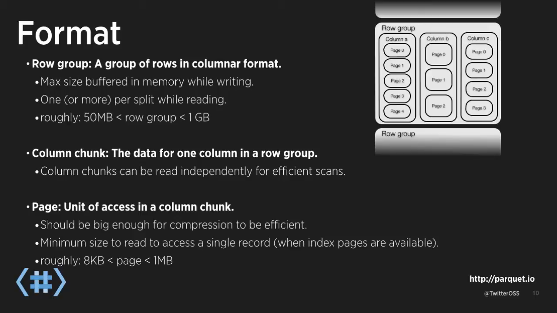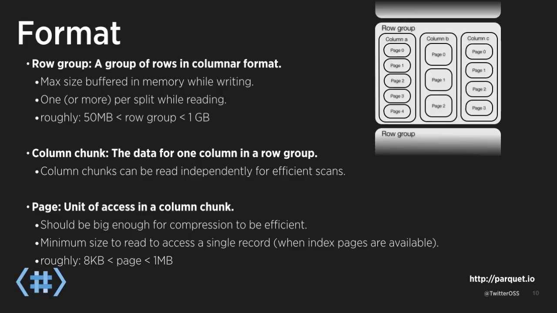And we need to turn it into columns, which means before we can write one column in the file and then the second column, we need the first column to be fully encoded in memory, right? So we need to buffer all that data in memory, one row group at a time, to store it in columnar format. And so we split the data in row groups, and each row group is in columnar format.